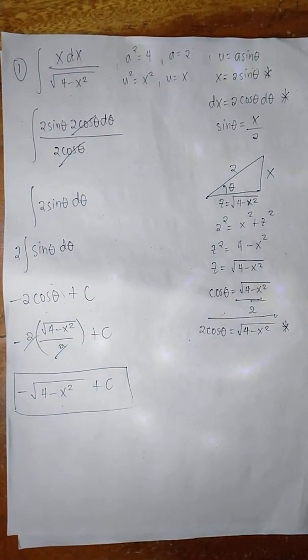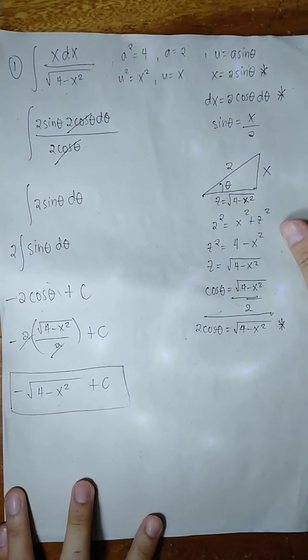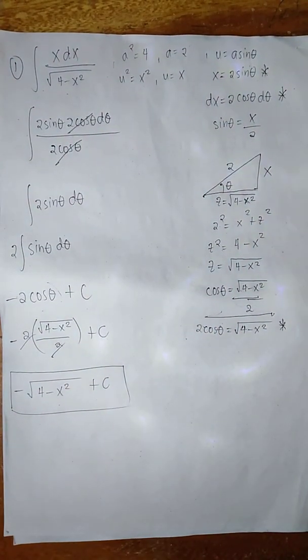Actually, you can solve this one using the substitution rule. So you can verify this one, just for checking. You will arrive at the same answer. So that's how you use trigonometric substitution.